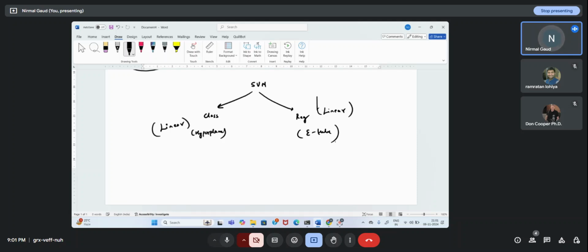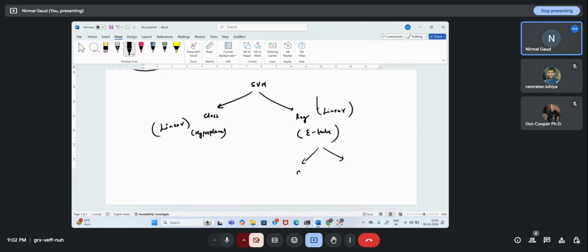Now the question arises, sir, if we are not having linearly separable data. Separability comes under classification, not here. Regression, there is no separability. But still, what internally you have understood is that I am having two types of points.